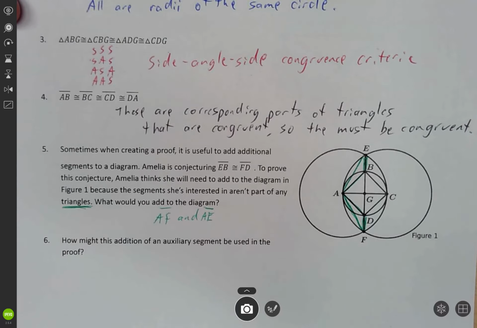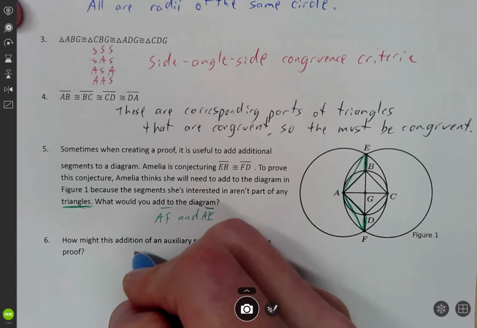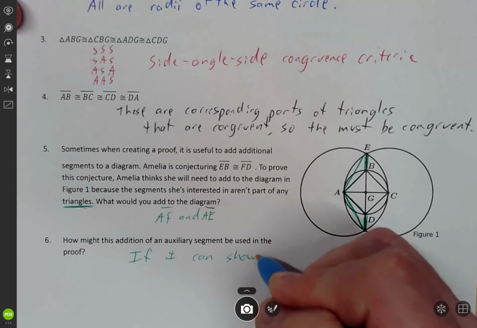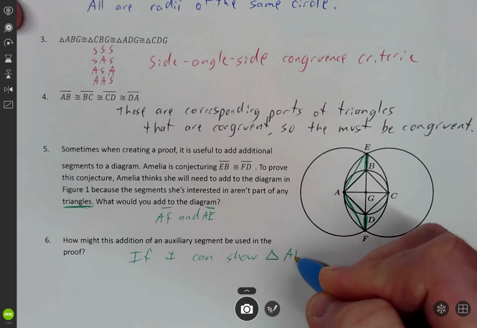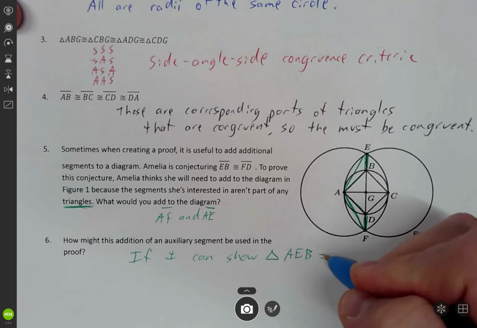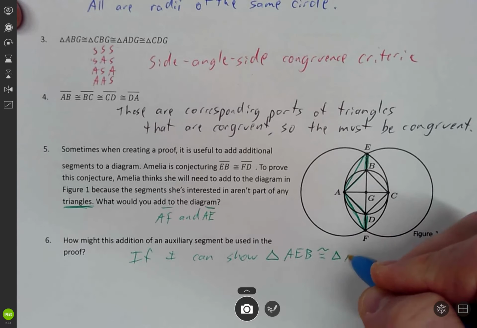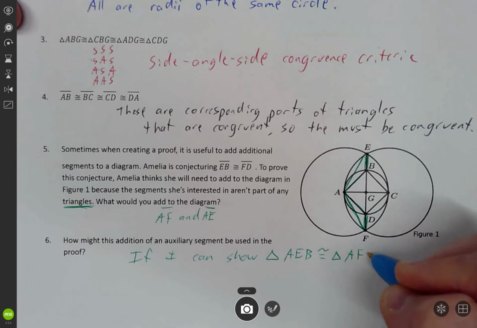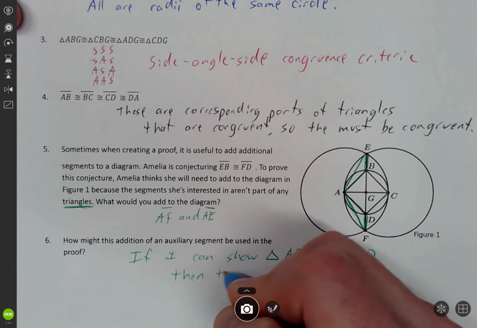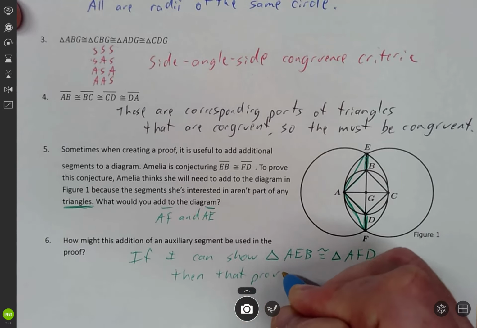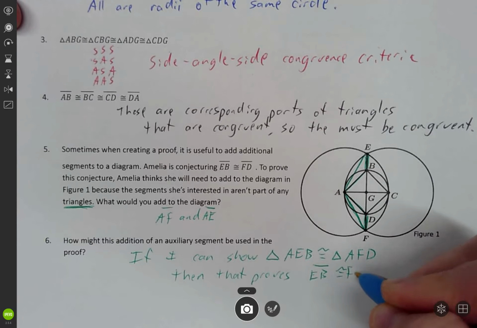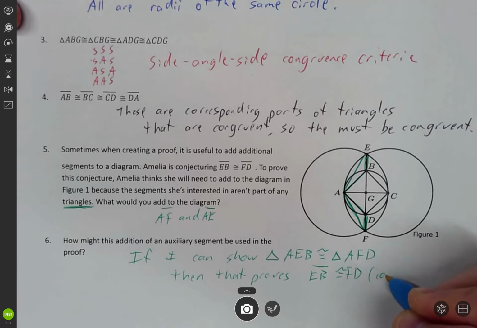How might the addition of an auxiliary segment be used in the proof? If I can show triangle AEB is congruent to triangle AFD, then that proves EB is congruent to FD, because they'd be corresponding parts.